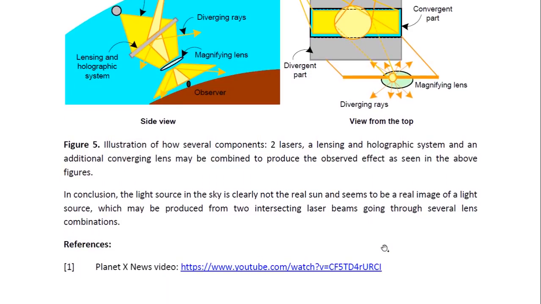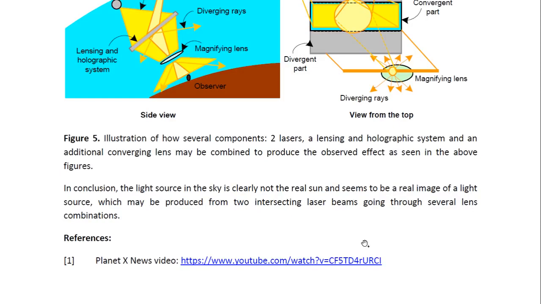So in conclusion, the light source in the sky is clearly not the real sun, and seems to be a real image of a light source, which may be produced from two intersecting laser beams going through several lens combinations.